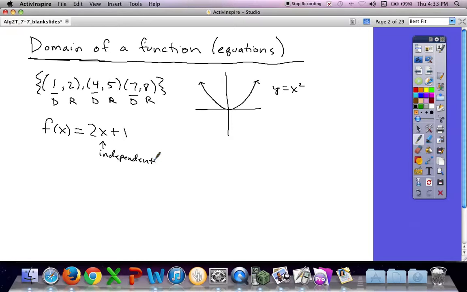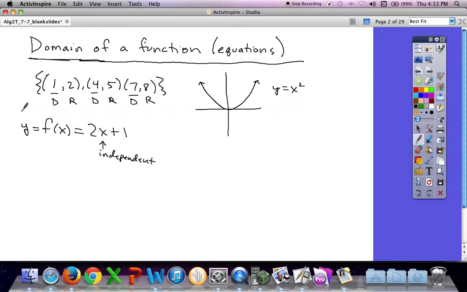Because that's the variable you're going to choose to substitute a value for and then calculate using this rule, 2x plus 1, the function value, also known as the y. So y depends on x, and you get to pick the x. So we need to know what x values we can put into any equation of a function.